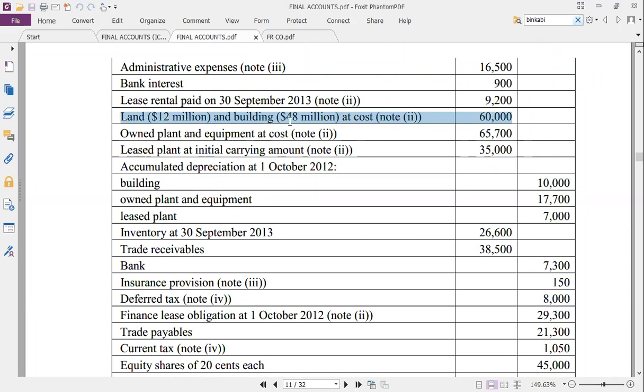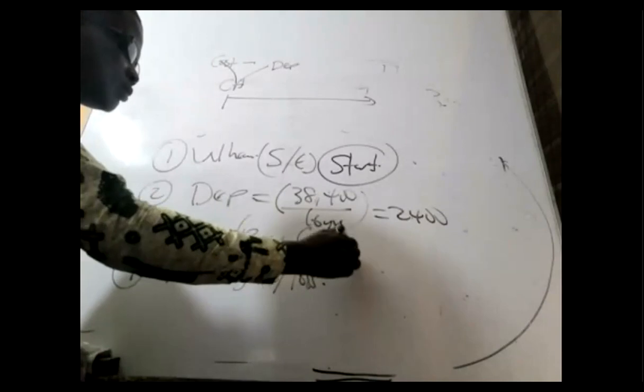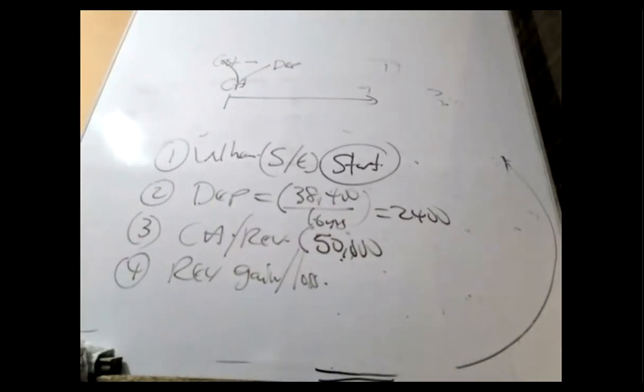I did this one for those who want to pick the 48 and then depreciate it. So the cost is 60,000 less accumulated depreciation of 10,000. The current amount is 50,000 at the date of valuation. Have you seen? Very short.